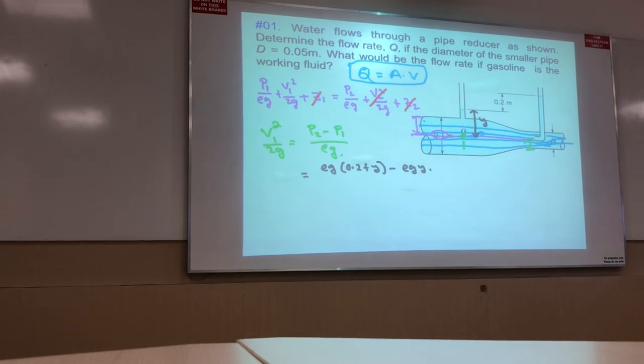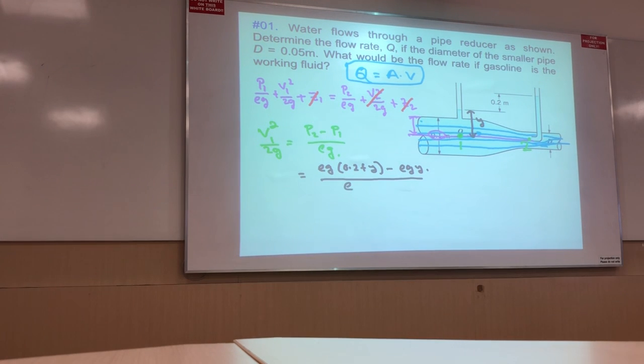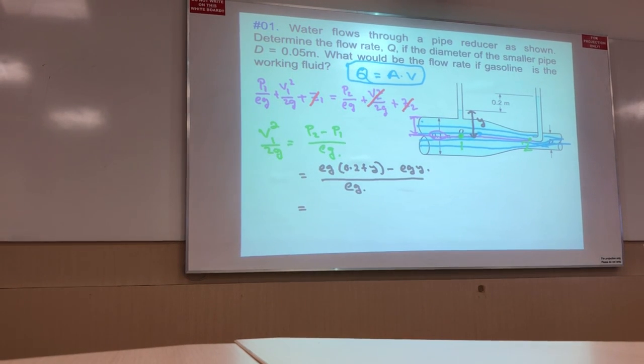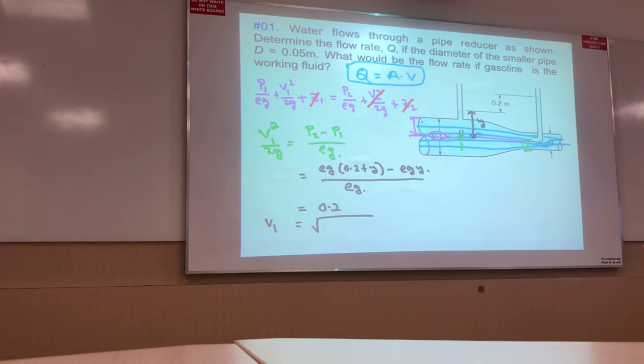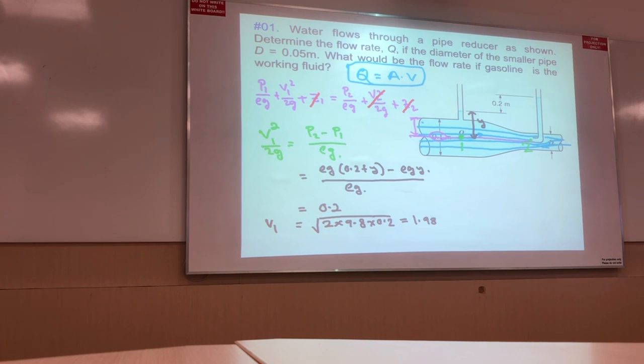Rho g y by rho g. Then rho g is 0.2, right? So this value, rho g cancels, and I can write 0.2. So V1, am I right? 2 times g is 9.8, 0.2. I can get the answer 1.98, right? Meter per second.